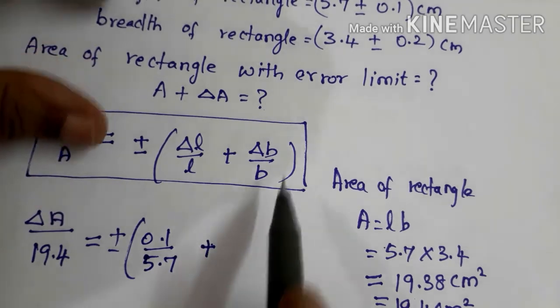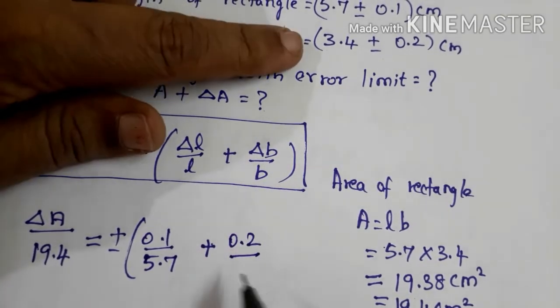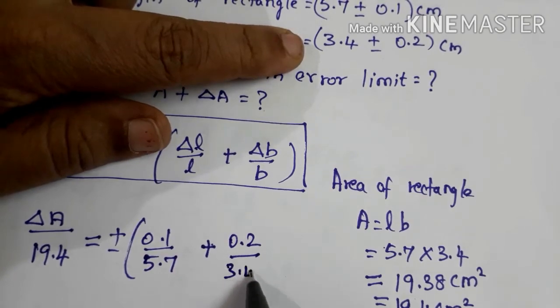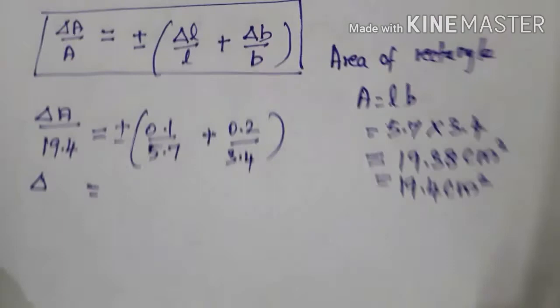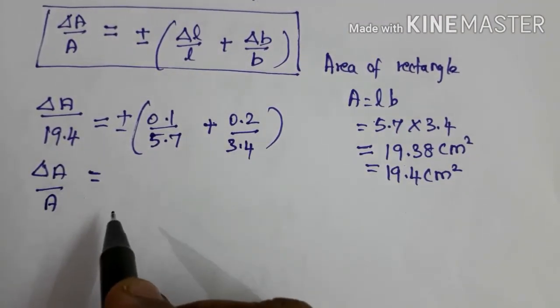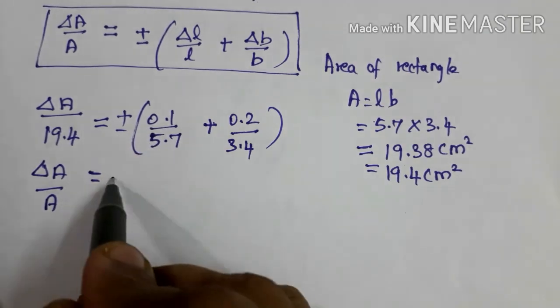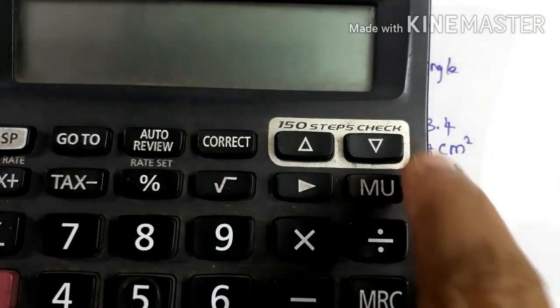Plus what is delta B value? 0.2 divided by 3.4. Okay, so delta A by A is equal to, children, if you solve this, I use calculator.